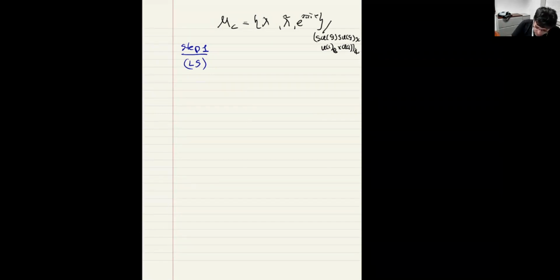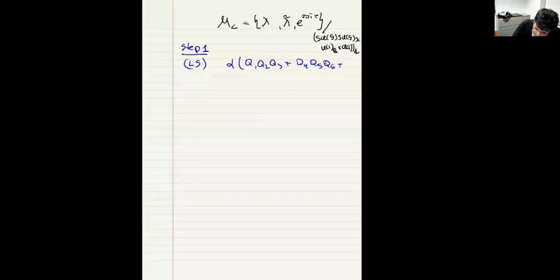The statement of Lee and Strassler was that the following deformation of this theory is exactly marginal. We take one coupling, which is just one number. Here this is a collection of couplings, maybe it's a bad name, let me call it alpha. There is one coupling, and we multiply it with the following operators: Q1, Q2, Q3, Q4, Q5, Q6, plus Q7, Q8, Q9, and the same for Q tildes.